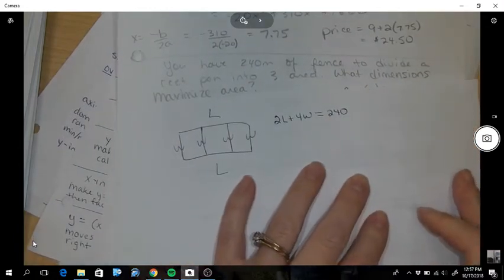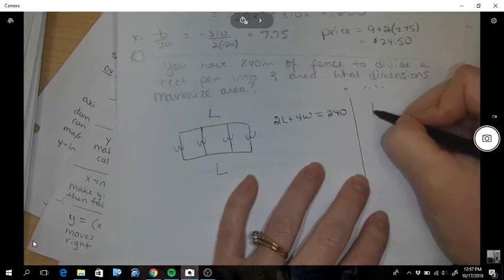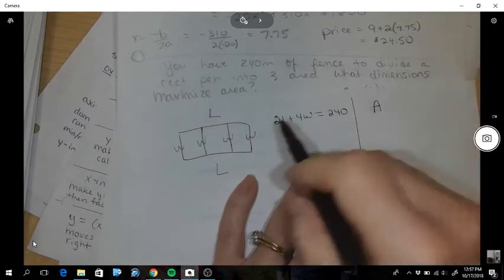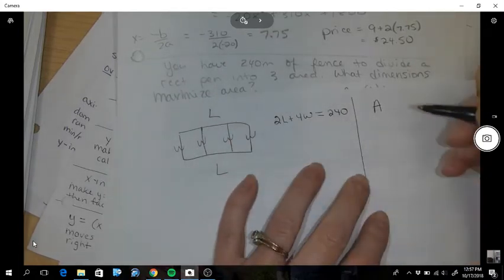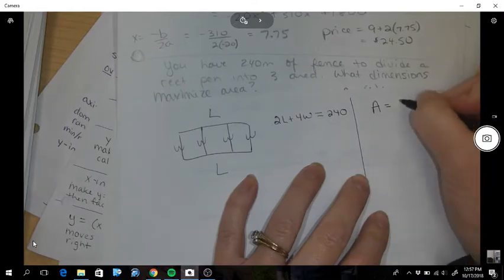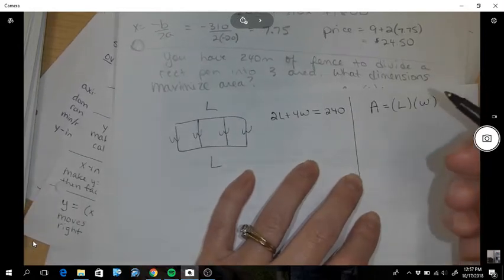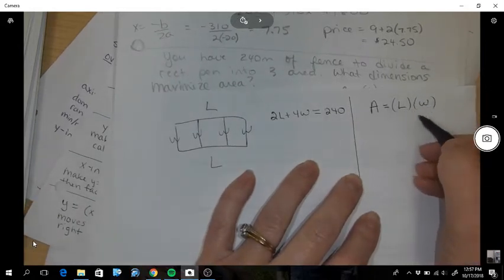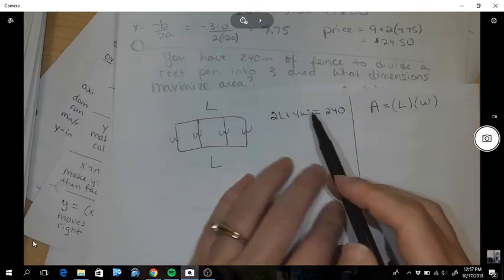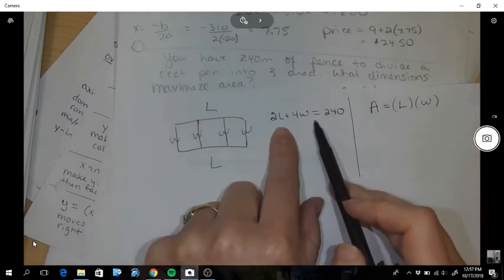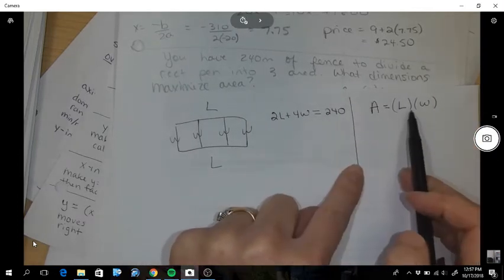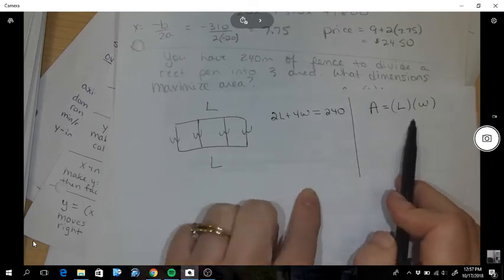Now I want to know about my area, because I'm maximizing my area. So I'm going to do my length times my width. That's an area of a rectangle. But I can't do anything with 2 different variables. So I'm going to use this line to substitute in there so that I only end up with 1 variable.